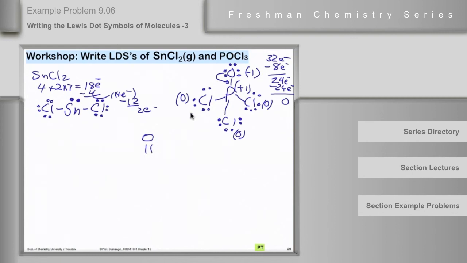So that would lead us to something like this. 2 pairs of electrons there, and then chlorine with 8 electrons around each chlorine. That's just a wedge showing you that one's coming out. These are going back. I can't draw that back triangle right, so a dotted line amounts to the same thing.